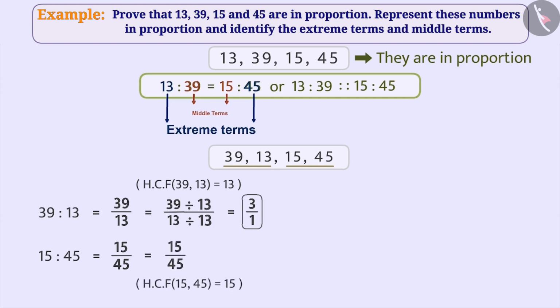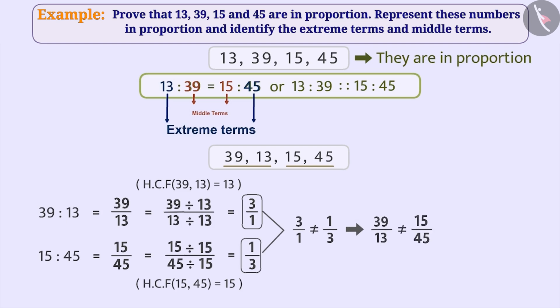Similarly, the HCF of the numerator and the denominator of 15 by 45 is 15. If we divide the numerator and the denominator of 15 by 45 with the HCF 15, we will get the simplest form of the fraction, 1 by 3. Here, 3 by 1 is not equal to 1 by 3. Therefore, the two fractions are not equal. Now we can say that 39:13 is not equal to 15:45. Thus, 39, 13, 15, and 45 are not in proportion.